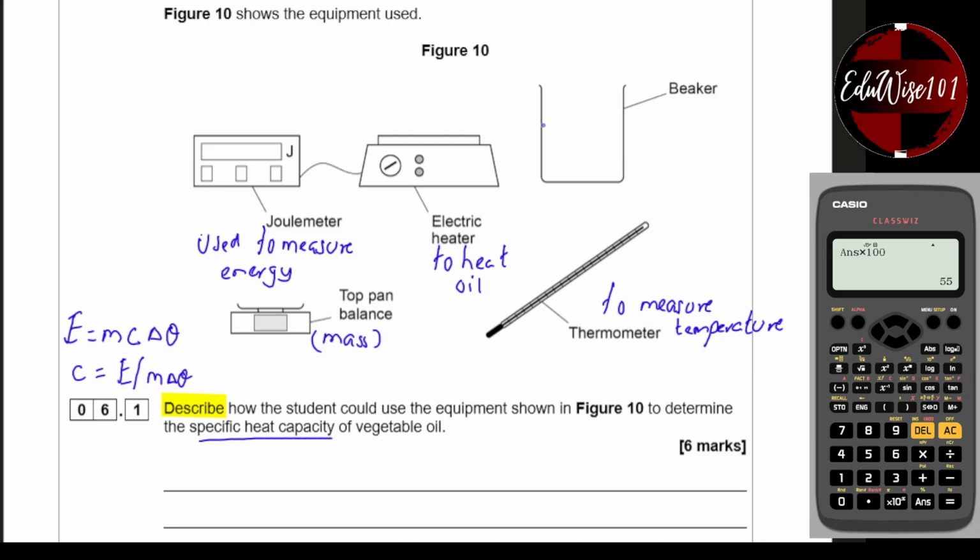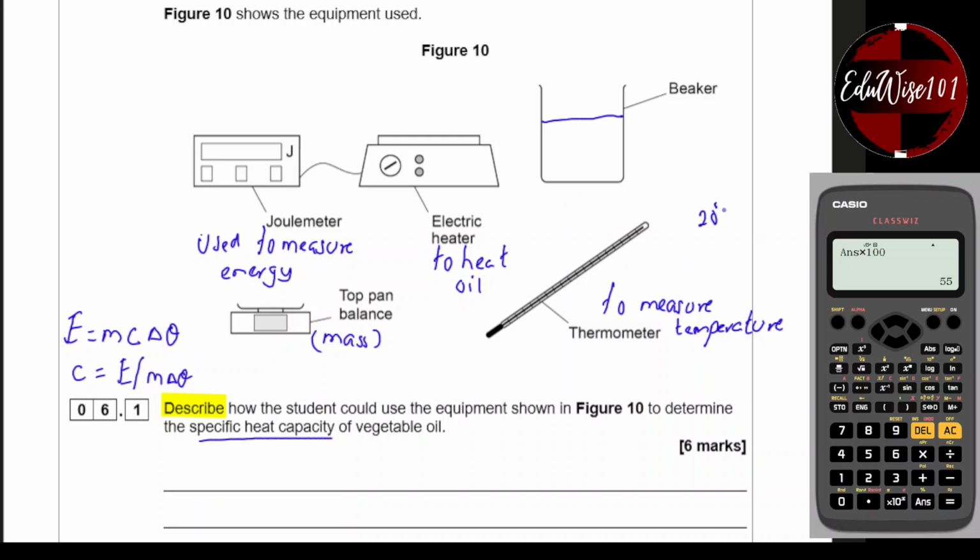So what would you do? You would add oil to the beaker and you would put it on the top pan balance and work out what the mass of the oil is. And then you would put it on the electric heater. Before you switch it on, you would measure the starting temperature. Let's say it's 20 degrees.